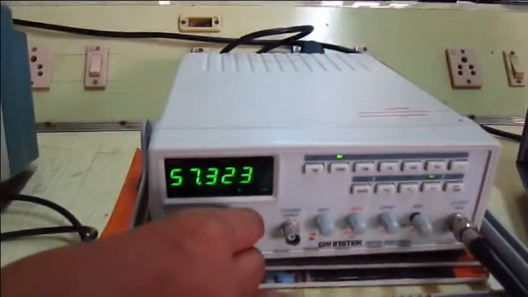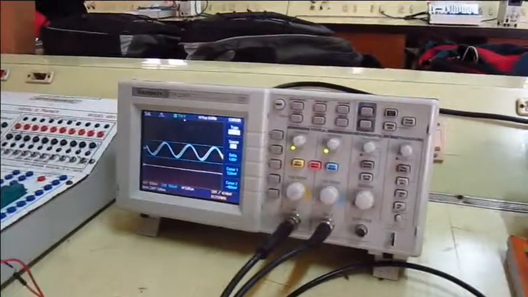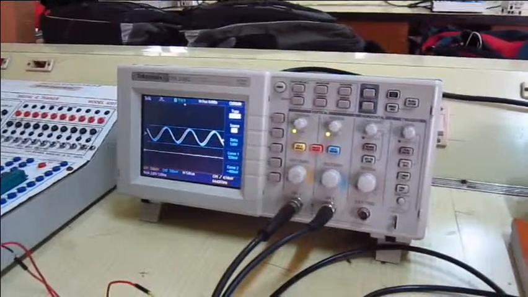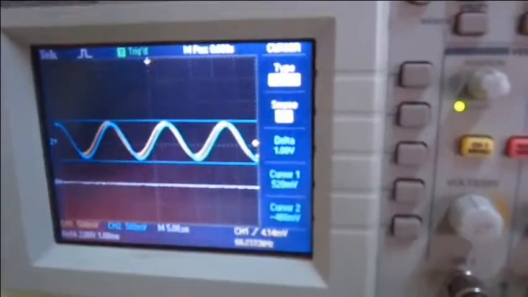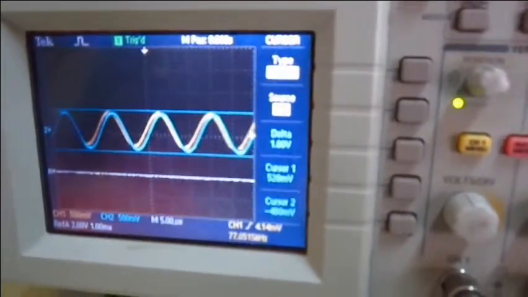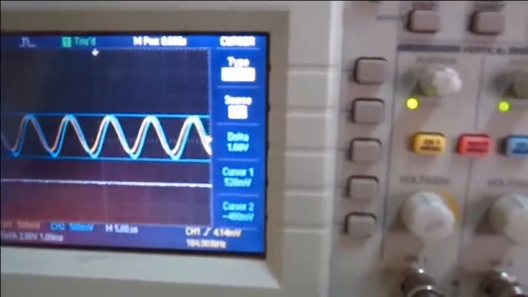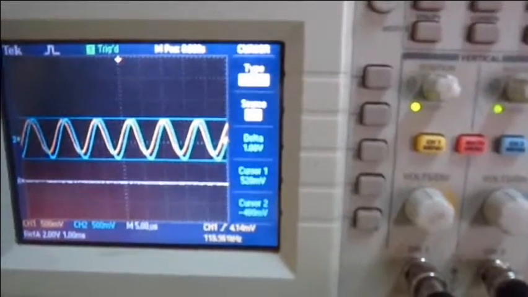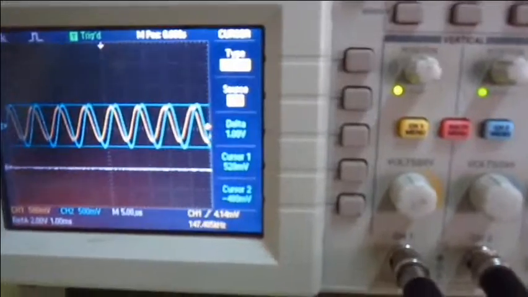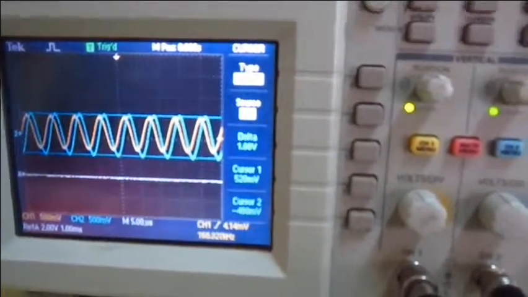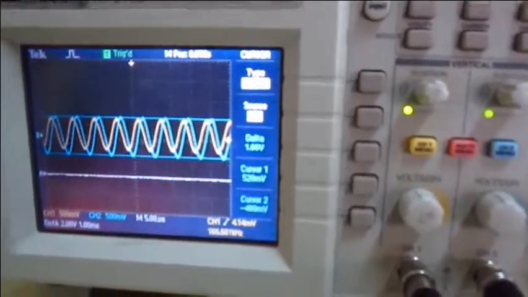Now, if I increase the frequency, you can see that the input voltage is equal to the output voltage, but if I increase the frequency from 75 kilohertz, 60 kilohertz, the output voltage starts to become greater than the input voltage, and also you can see the phase difference between the two waves increasing gradually. And now you can see clearly, distinctly, that the output voltage is greater than the input voltage.